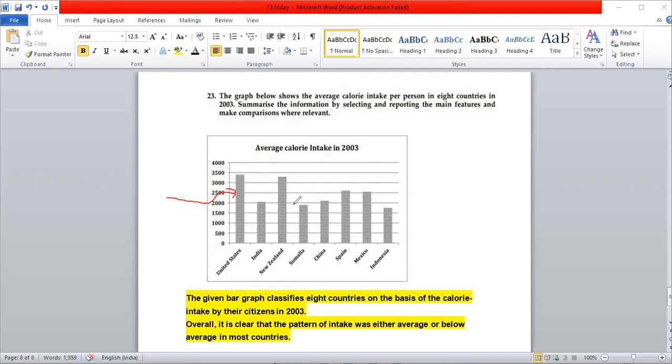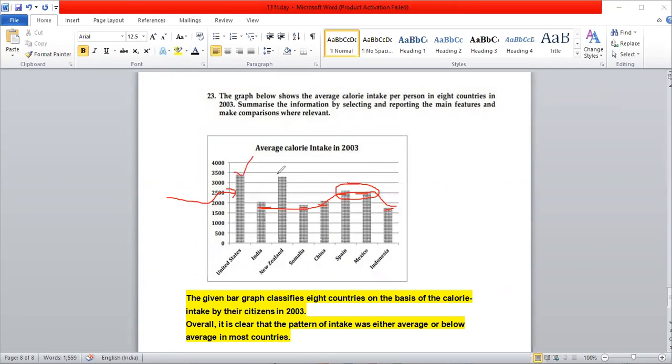So this is the average calorie a person needs per day. Two countries, Spain and Mexico, have the average, and India, Somalia, China, and Indonesia, these 4 countries, stood below the average. You can see most of these countries are either average or below average.